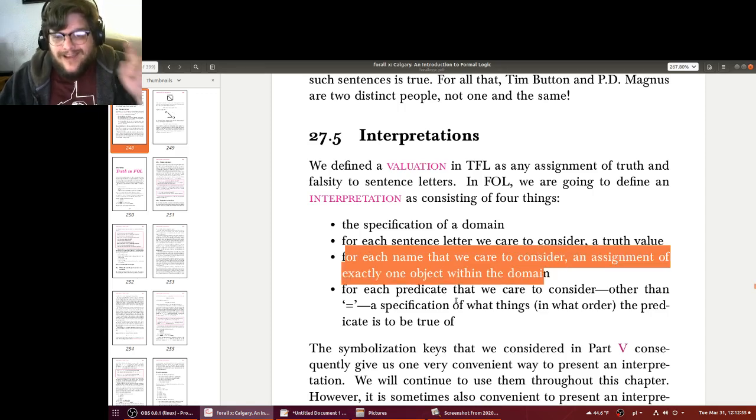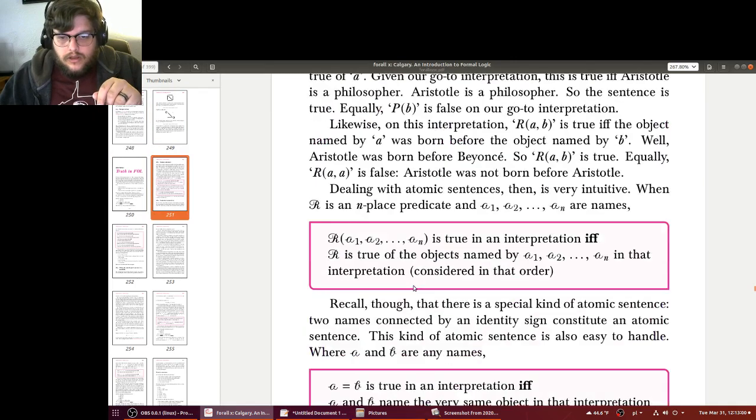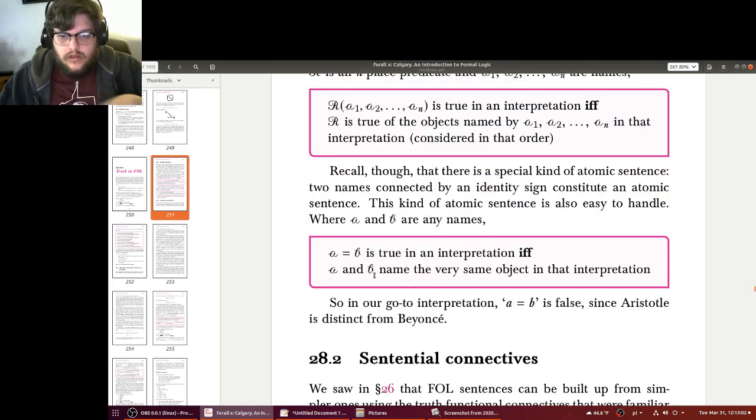And that assignment is what we're referring to when we're talking about equality here. So you and someone else may have different interpretations in that this first person might take the letter A to refer to person X, and this other person might take the letter A to refer to person Y.